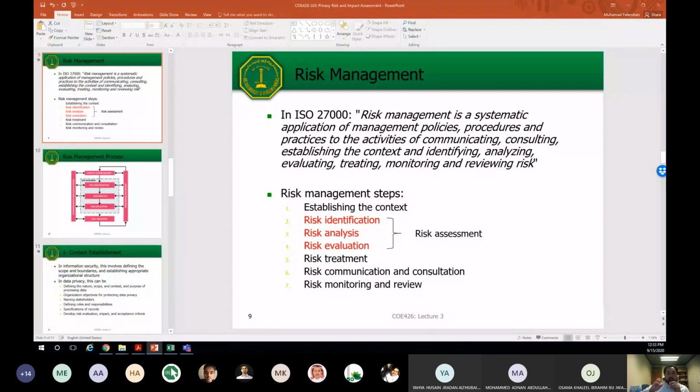So this is a good discussion to apply the risk management process that we cover today on a real case. Any questions? Right, so let me put it in full screen, then we can start.